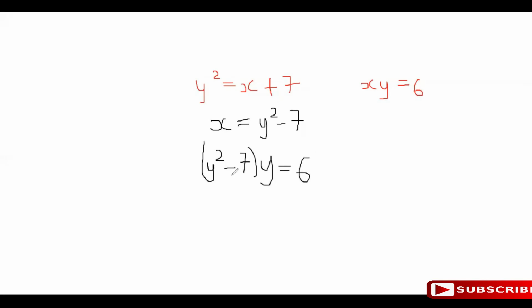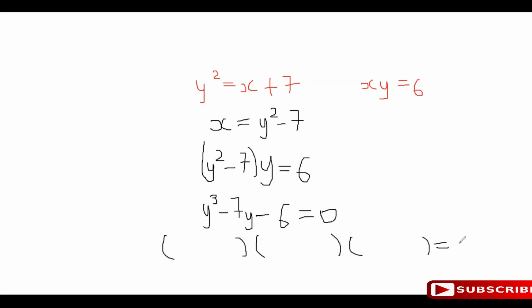And so what we end up having now is y cubed minus 7y. And we'll bring over the 6 over here. It will become minus 6 is equal to 0. So now we have a cubic equation. So I can put the 3 factors, and it's equal to 0.